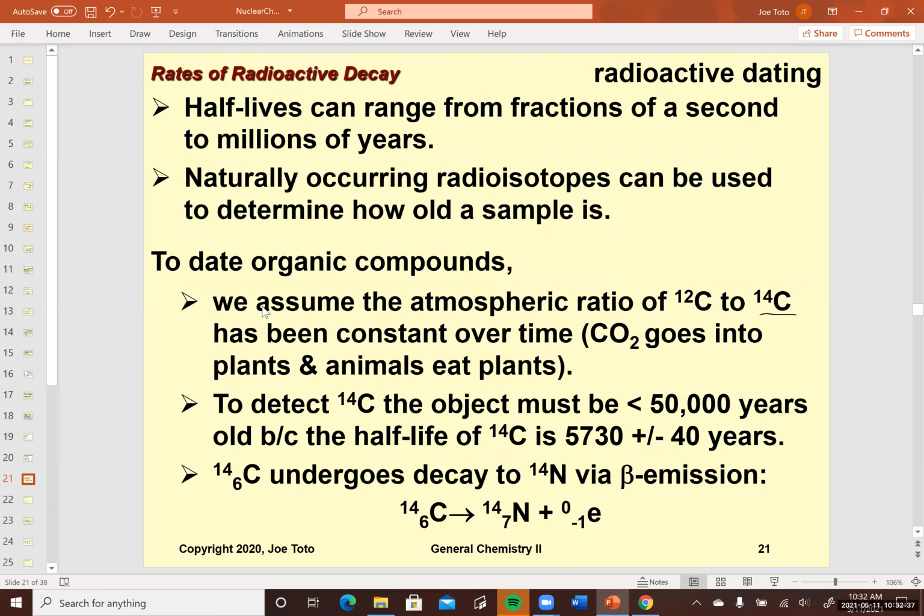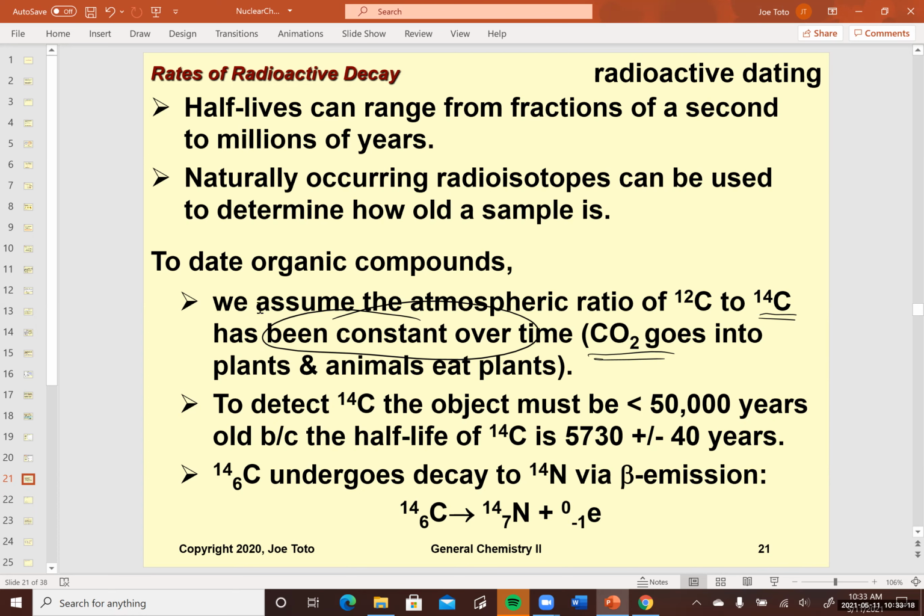So carbon-14 is formed in the upper atmosphere, and the assumption is that concentration of carbon, which goes into making CO2, is pretty much the same over years and years and years. Now that's not quite true, so some corrections need to be built in, but in general, it seems to be good. So now this CO2 filters down into our food.